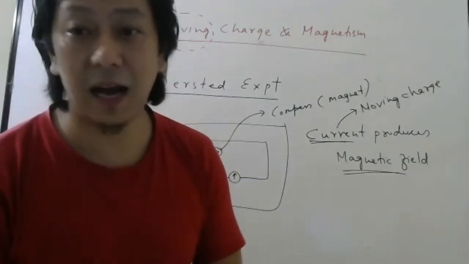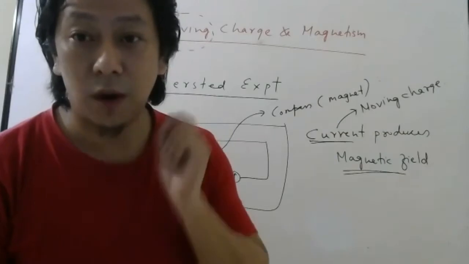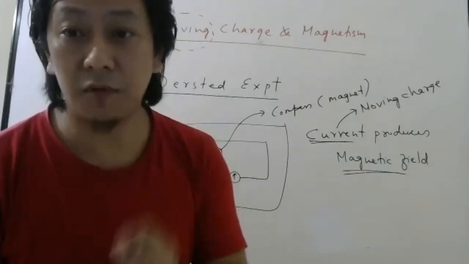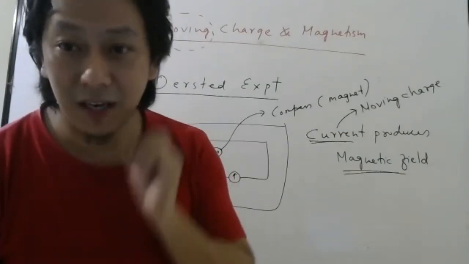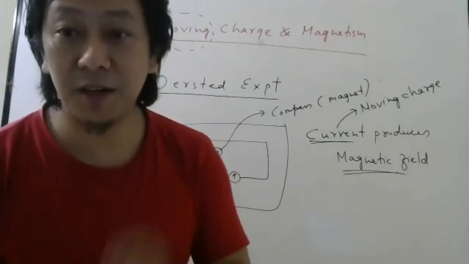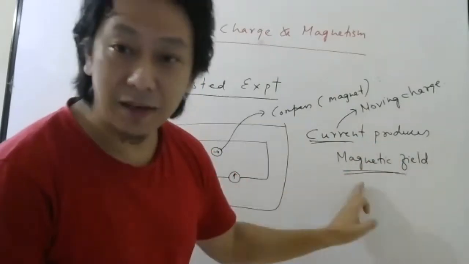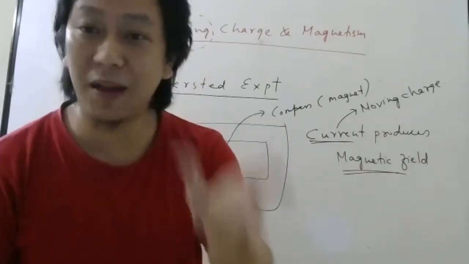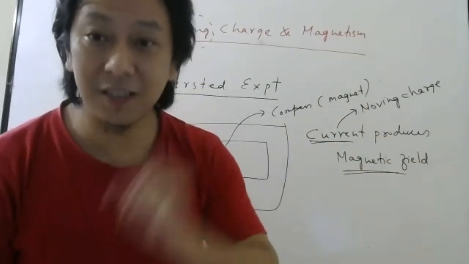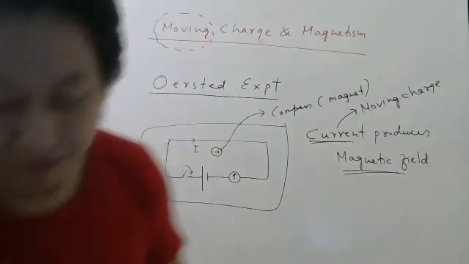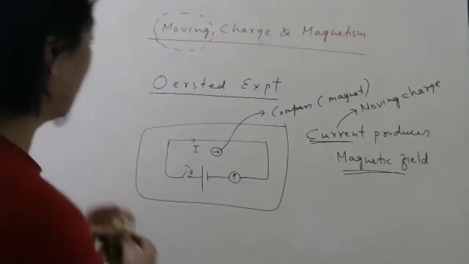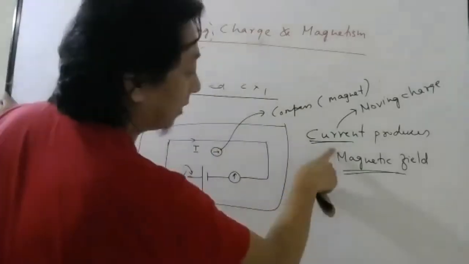So if somebody asks you for 1 mark, what was the main conclusion of Oersted's experiment? The answer is, Oersted's experiment showed that current in a wire can produce magnetic field. Similar to magnets producing magnetic field, currents can also produce magnetic field. Okay. So this is the main part. Please make a note.